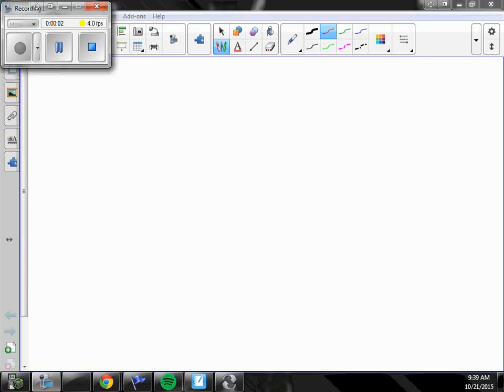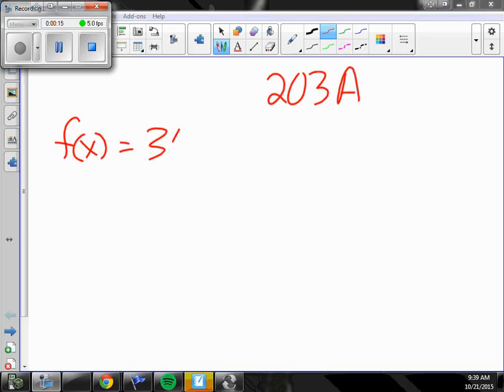Today we're going to be working on 203A. And we're going to be adding, subtracting, multiplying, and dividing functions. So you'll have something like f of x equals 3x minus 5, and g of x will be x squared plus 2.